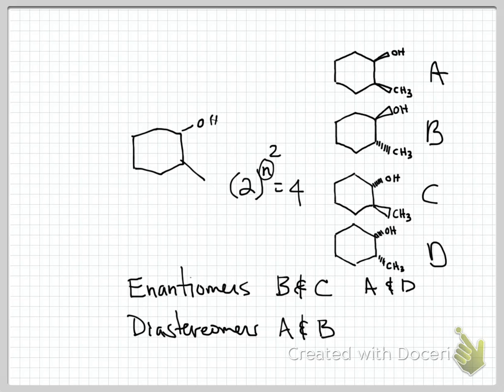But what I tend to say is that A and D are diastereomers of B and C. Okay, so I have enantiomeric pairs and diastereomeric pairs.